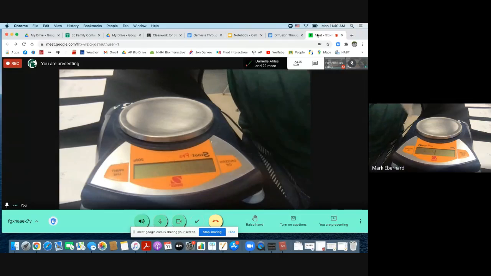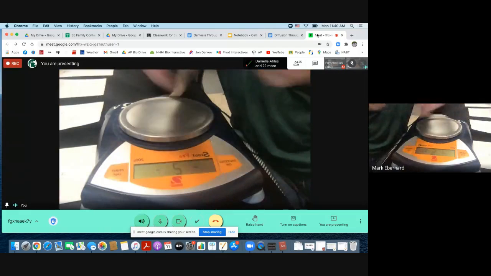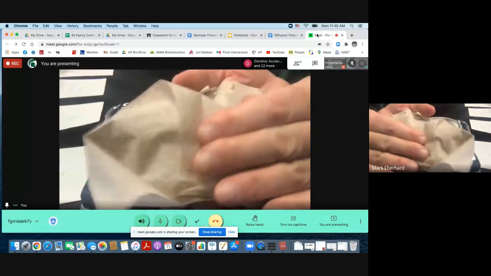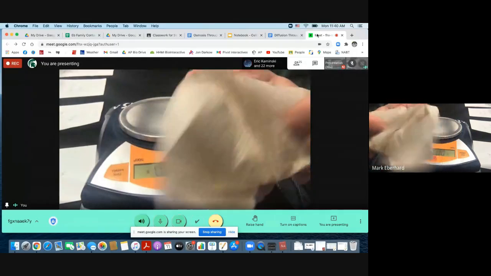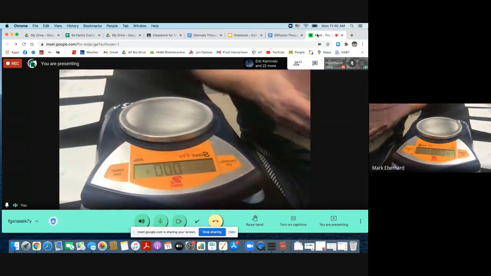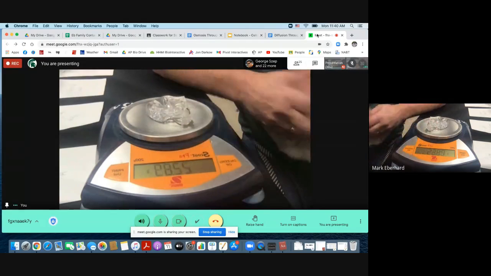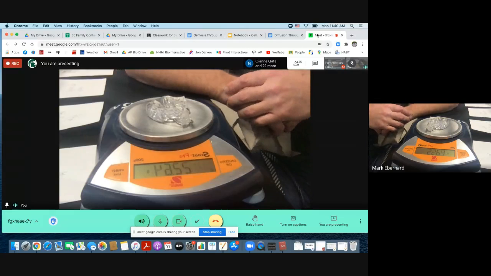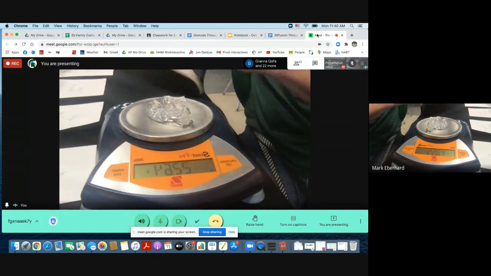I blotted the tube dry so the water on the outside wasn't affecting the weight. And I basically placed this on the scale. And I got the mass, 22.64 here.